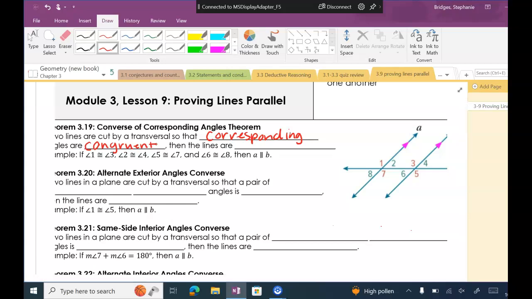Two lines are cut by a transversal so that corresponding angles are congruent, then the lines are parallel. Okay, if two lines are cut by a transversal so that corresponding angles are congruent, then the lines are parallel.